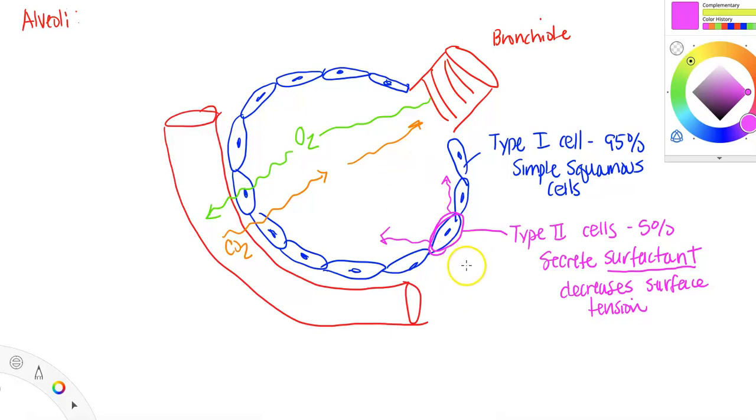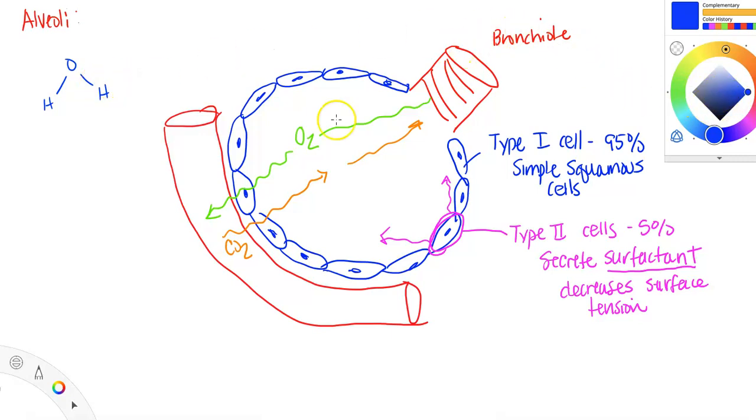And we know that water, due to its covalent polar bonds, on a surface will create a surface tension. Because if you have oxygen, that's what water looks like, H2O.